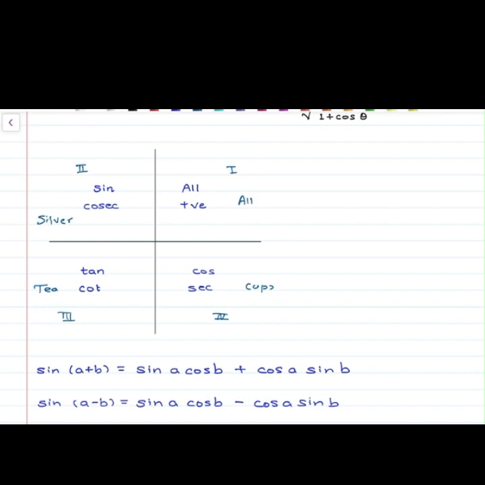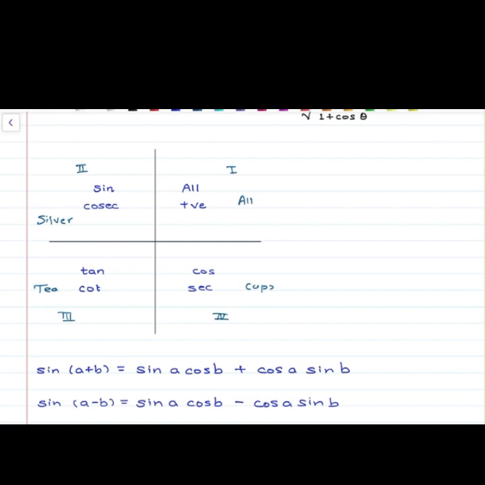Okay, so in the first quadrant everything is positive. In the second quadrant, sine and cosec will become positive. In the third quadrant, tan and cot become positive, and in the fourth quadrant, cos and sec become positive. Okay, this you should remember, because when you substitute, you may have something like cos of pi by 2 plus theta.